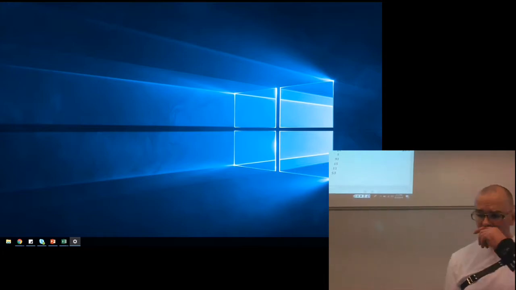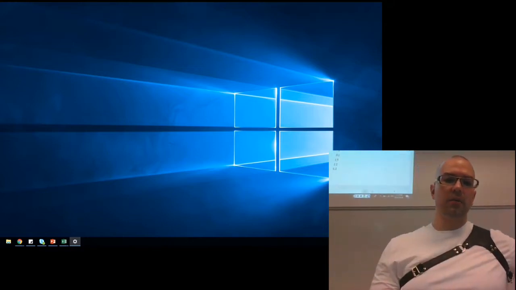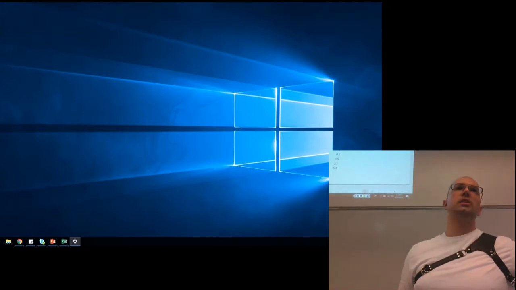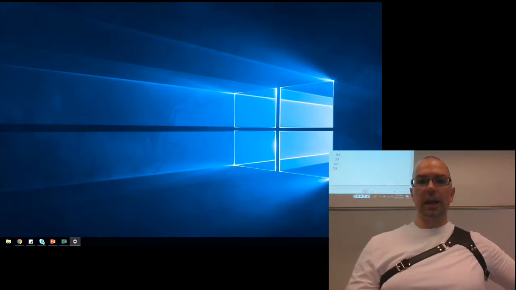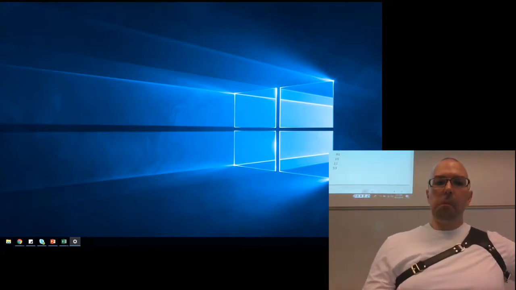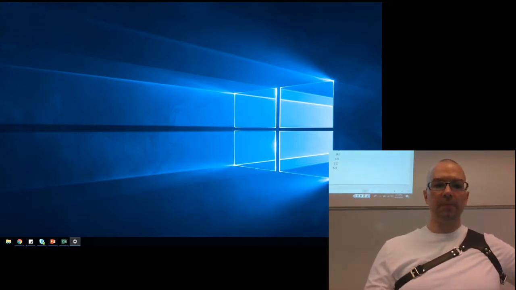So we type in sum, and an open parenthesis is the next thing we need. That lets Excel know you're about to give it a range of numbers. So the open parenthesis is your way of telling Excel, I'm about to give you some data to analyze. And then the last thing we need to do is highlight and select, and there's a variety of ways to do this. You can just click on it and use the arrow keys, or you can click and drag with your mouse. Either way is acceptable.